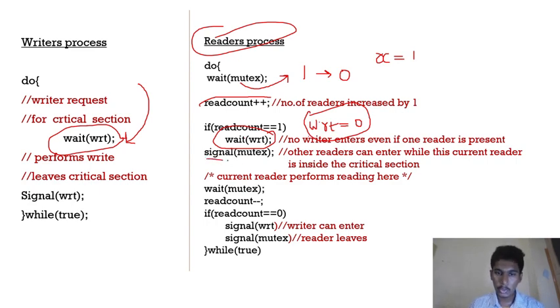After this, we wrote signal of mutex. We already discussed that many readers can read the data, but if a writer is trying to write the data, no other reader process or writer process should access the critical section. So signal of mutex allows another reader process to read the data.